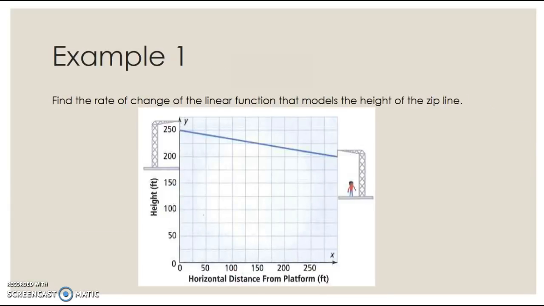Find the rate of change of a linear function that models the height of this zip line. So we're going from this point up here at 0, 50 to this point over here would be 300, 200. And so we can do the subtracting, or I can count. Obviously, each of these go by 25 because every 2 is 50.